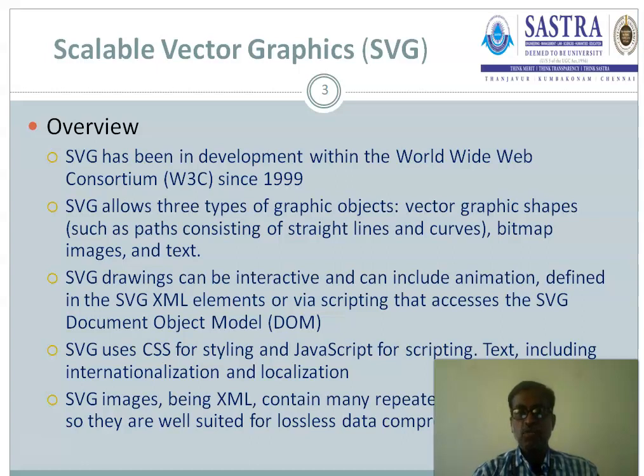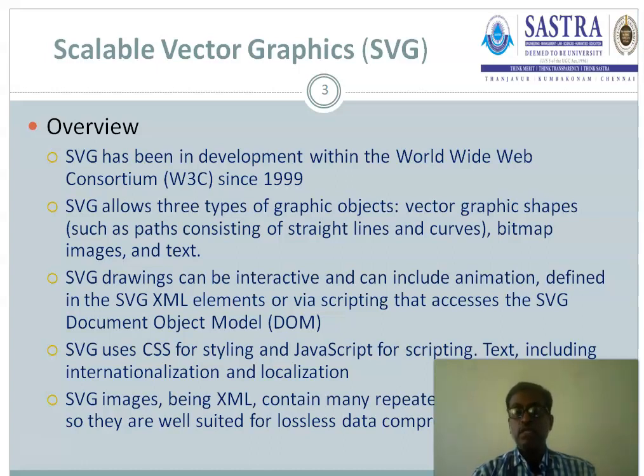It allows three types of graphical objects: vector graphics shapes, made up of straight lines and curves, bitmap images, and textual information. Such kinds of images can be represented using SVG. Bitmap images, BMP, can also be represented using SVG.